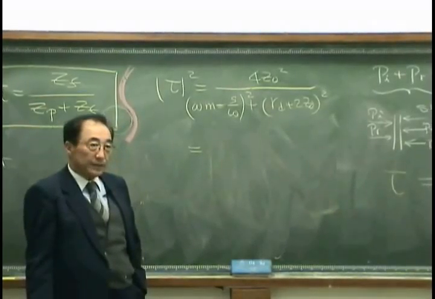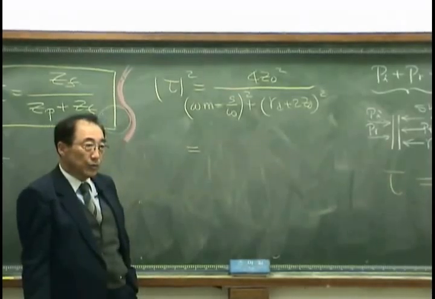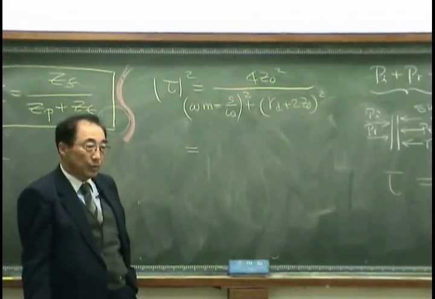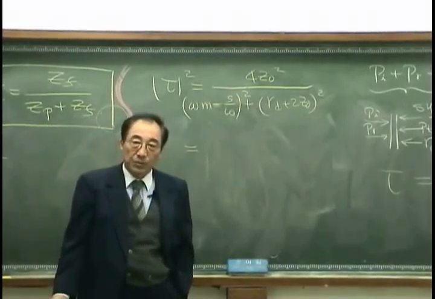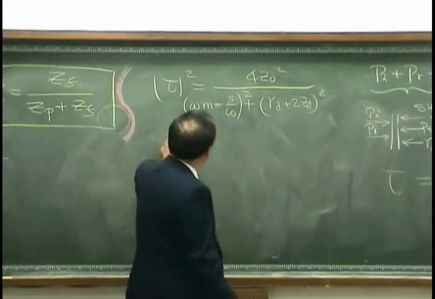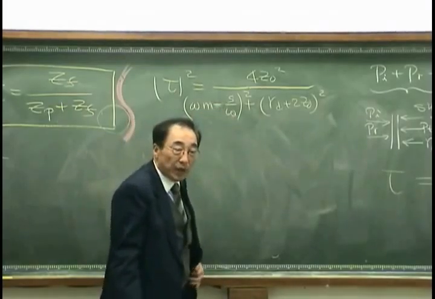that behaves according to the natural frequency of a partition. Because what if omega m minus s over omega is zero?